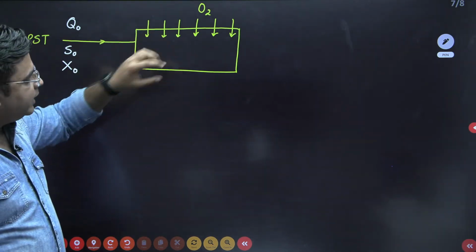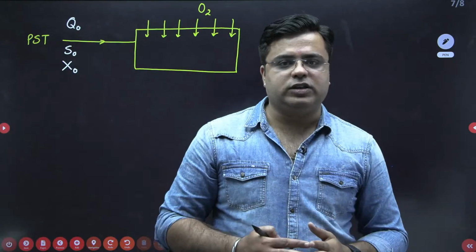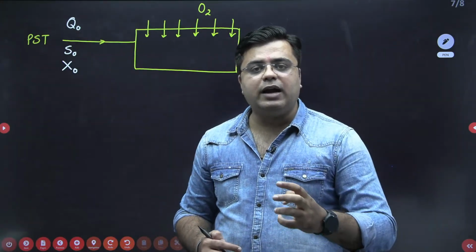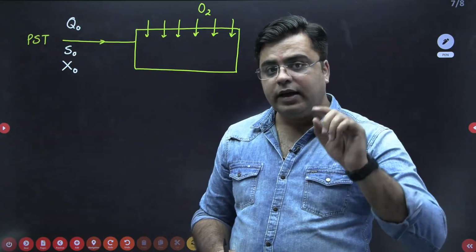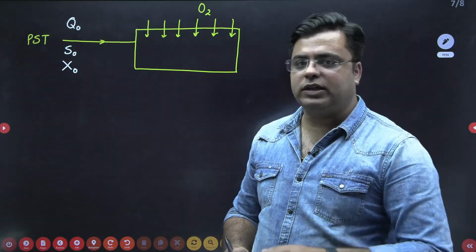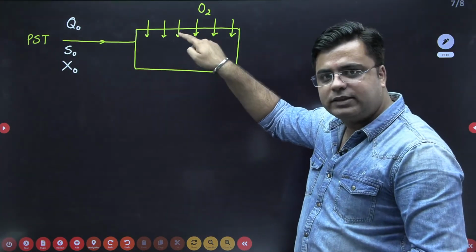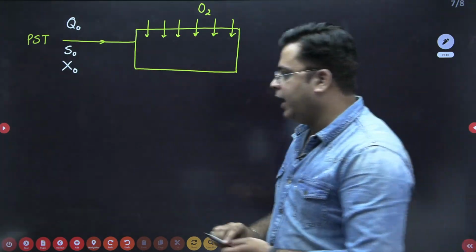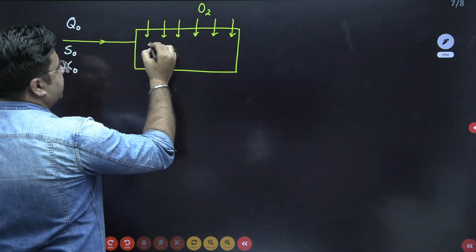Now inside the aeration tank, in order to initiate the process, we are going to add microorganisms from our side. And these microorganisms will be present in suspension like this.